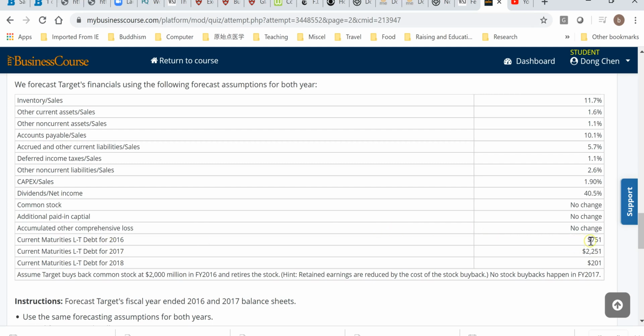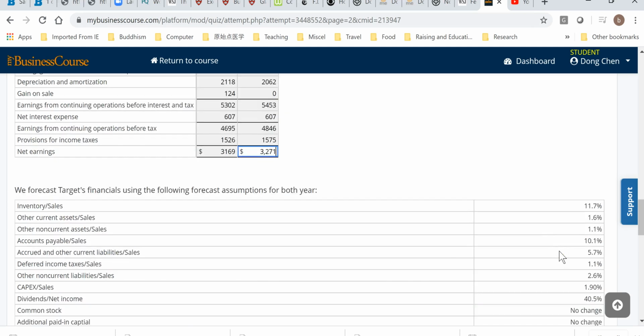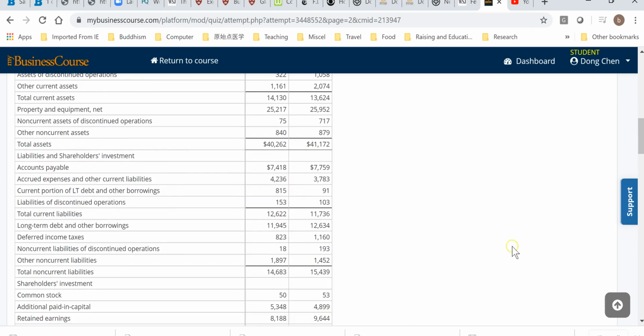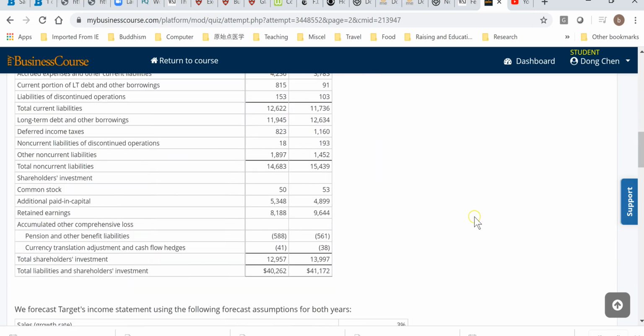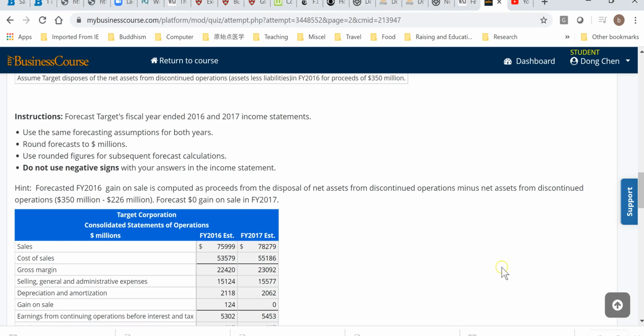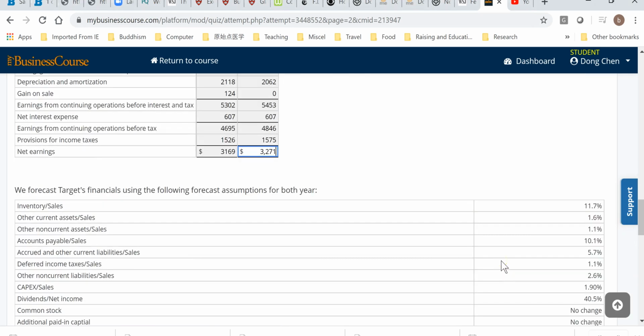This is already reflected on the 2015 number, I believe. Let's see, for 2015 the current portion of long-term debt includes the current portion of the long-term debt which will become due by the end of fiscal year 2016.